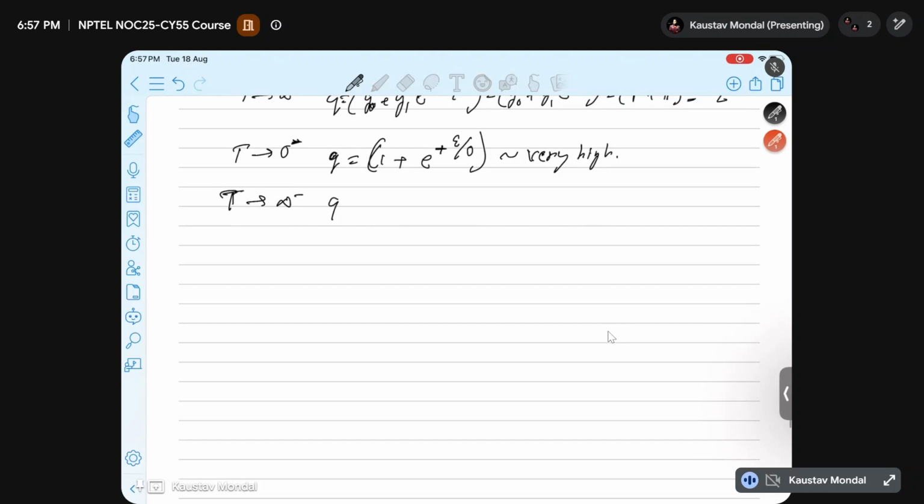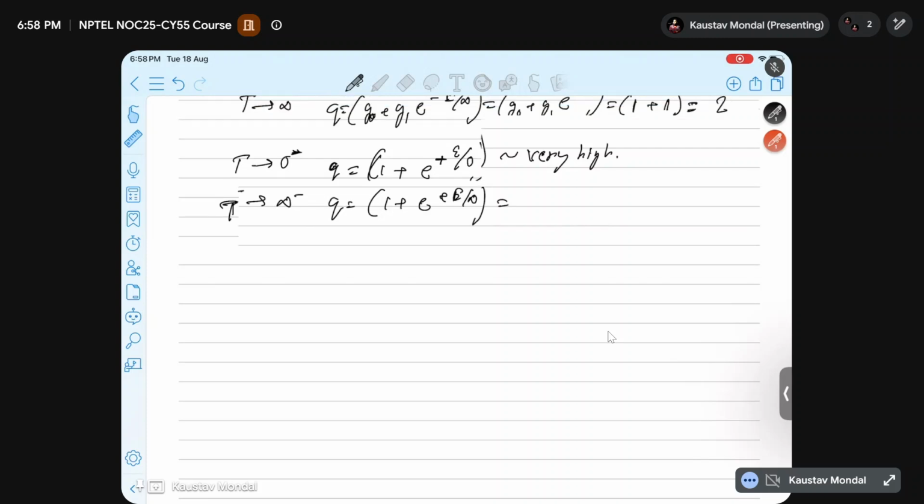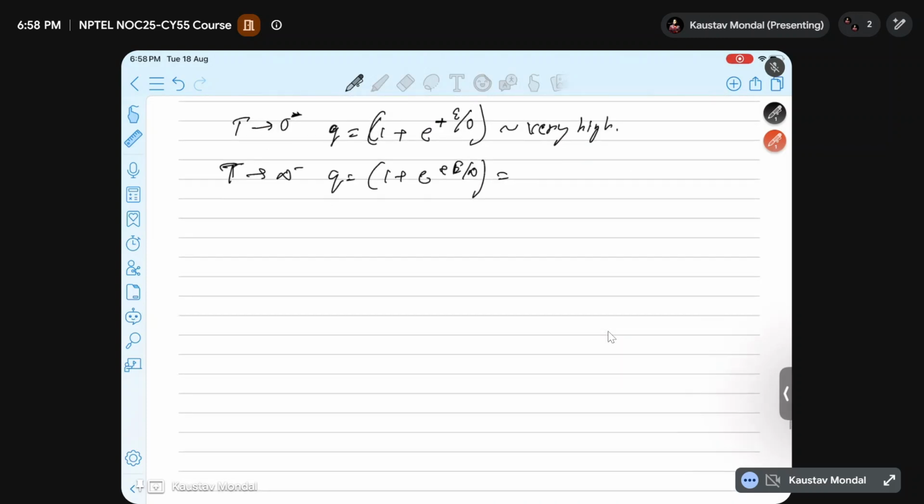In that case Q would become 1 plus e to the power, here also, plus e by infinity. That is also nothing but 1 plus 1 by infinity is 0, right? So e to the power 0 is 1, so 1 plus 1 equals 2.